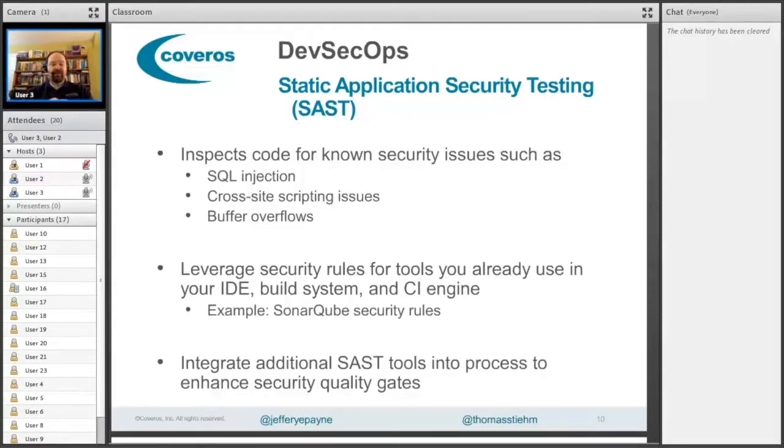Often the tools fit right into either your IDE, your build system, or your continuous integration engine. And you can easily pick up security rules in something like SonarQube, and you can see the results and remediate those results right from the environment you're working with. So these integrate fairly well with either your IDE or if you're using Jenkins or a lot of other CI engines.